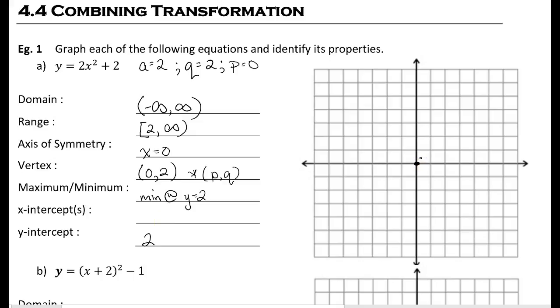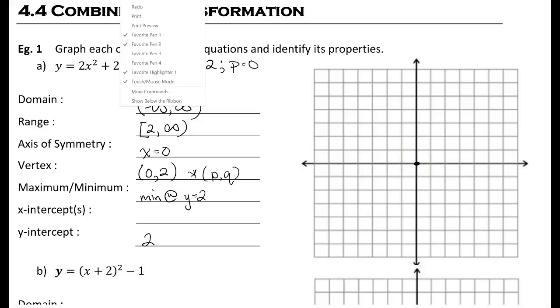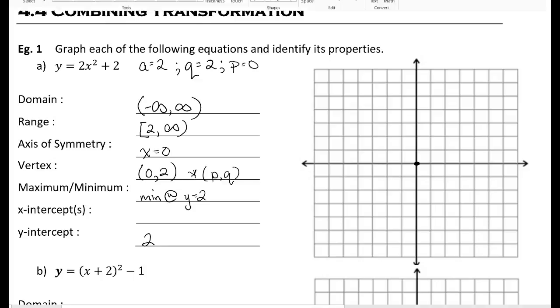My vertex is not at (0, 0) though, so that is no longer an option. Instead, I'm going to put it in my scale, and it's (0, 2) on my y-axis.